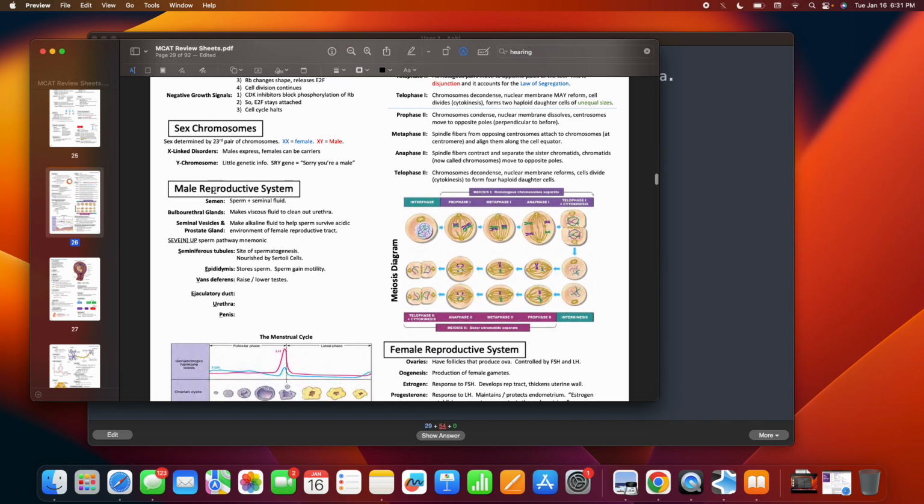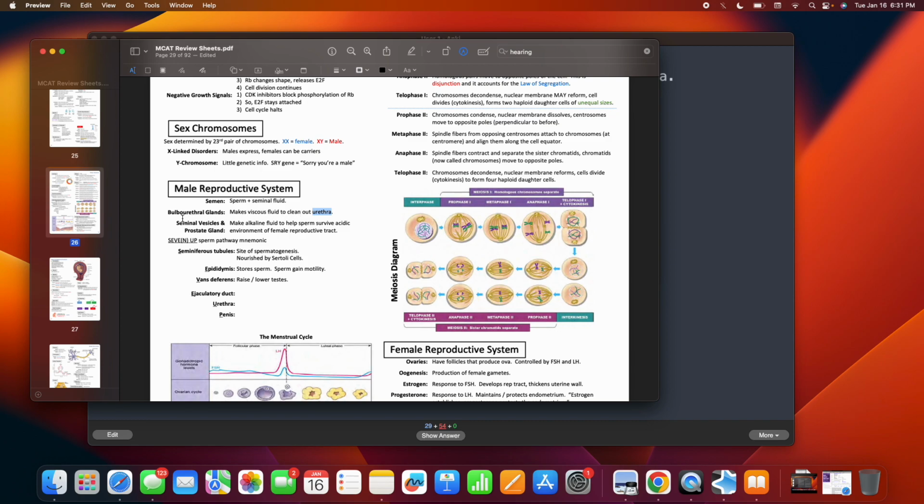And then we have the male reproductive system. It consists of the semen, which is the sperm plus the seminal fluid. Then we have the bulbourethral glands, which make viscous fluid to clean out the urethra. If you remember, the urethra is the last duct in our excretory system.